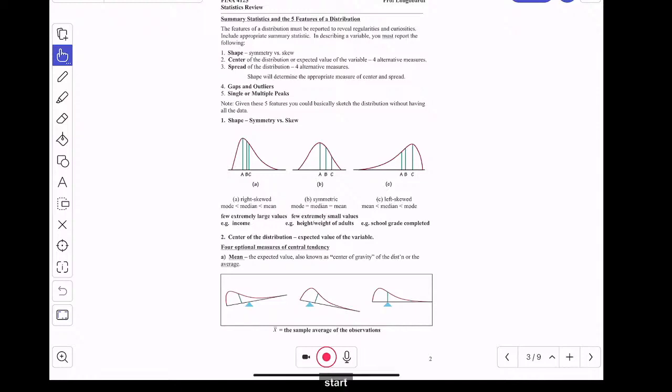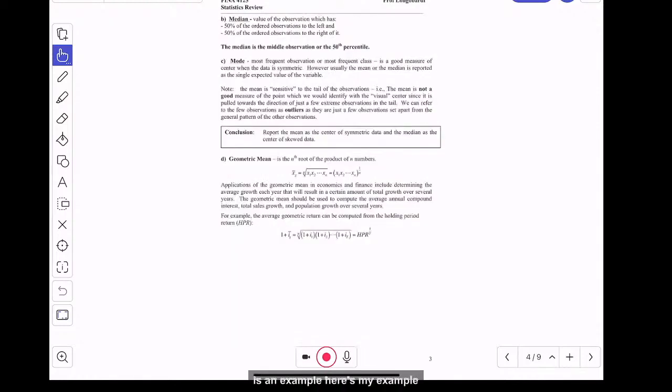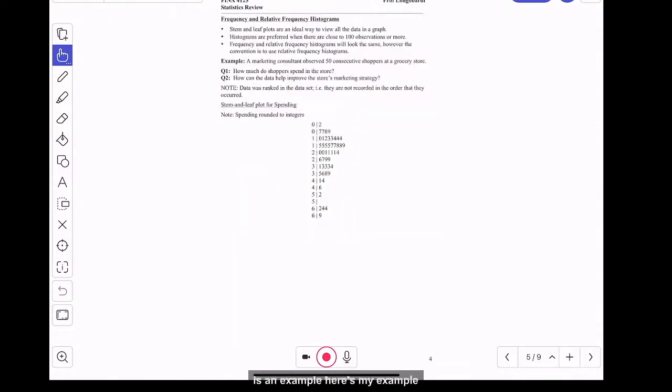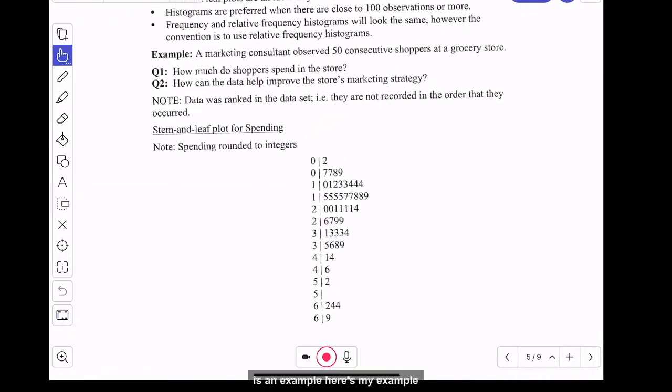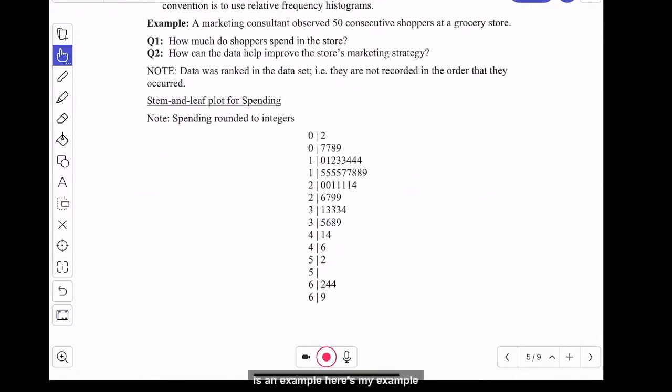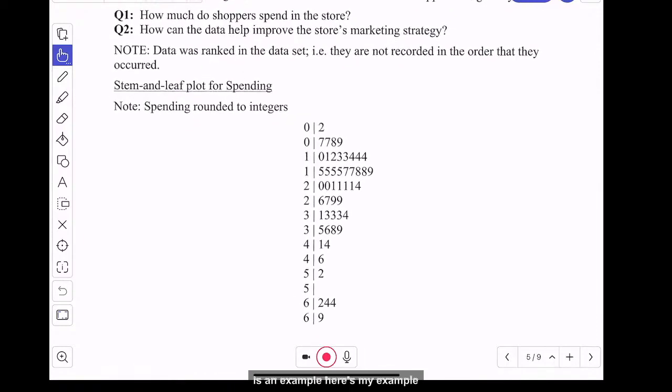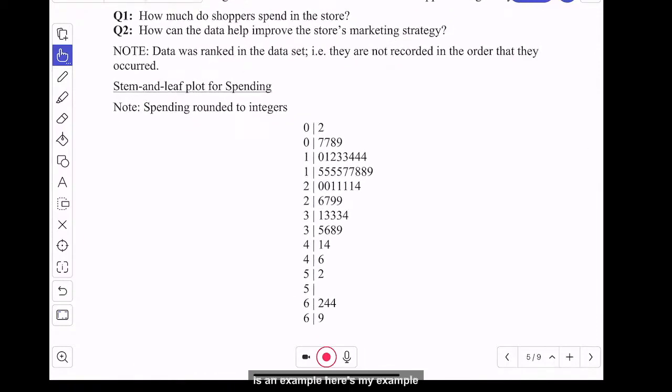All right, so where I'm going to start is an example. Here's my example. This is the data that has been ranked and arranged demonstrating how much shoppers spend in a store.